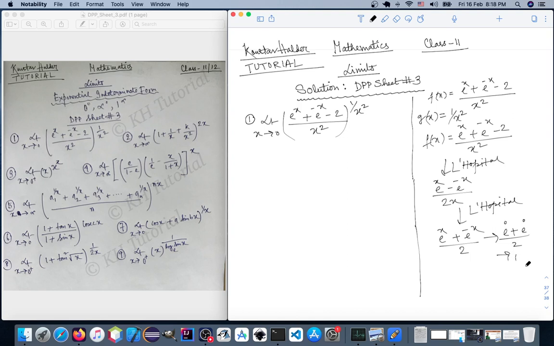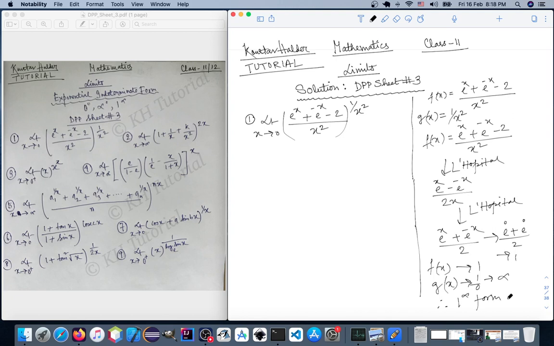So f(x) is tending to 1, and since x is tending to 0, g(x) will obviously tend to 1 by 0, tending to infinity. So the form is 1 to the power infinity.